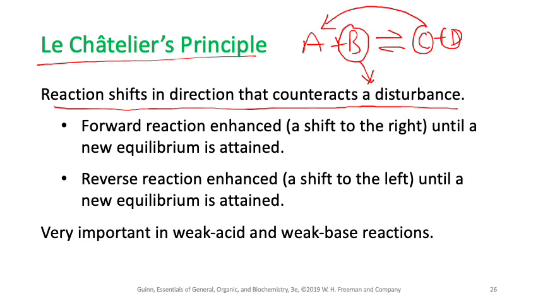But if I take out C from the product side, then the reaction will go towards the right-hand side, because I did the disturbance on the product side. So the reaction has to counterbalance that disturbance in the concentration of C by moving to the right-hand side. And this Le Chatelier principle is very important for weak acid as well as weak base reactions, because they are also in equilibrium.